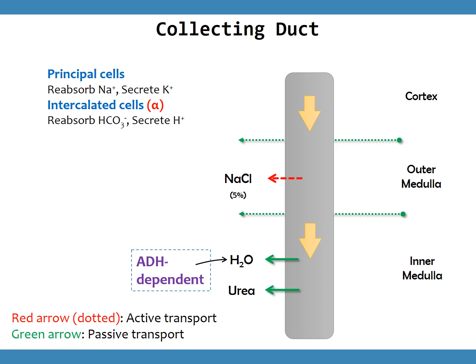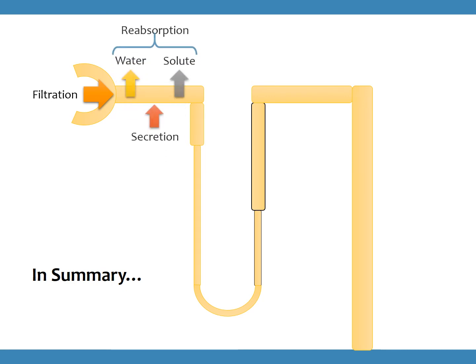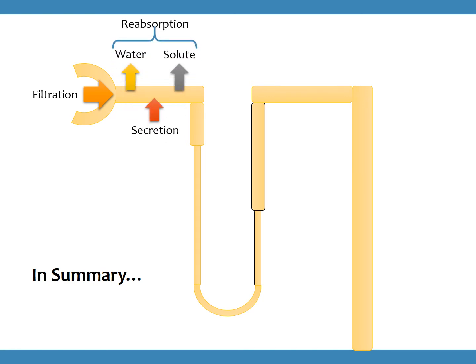Now a general summary of what we have covered in the previous few slides. Filtration occurs at the Bowman's capsule. In the proximal tubule, there is a lot of reabsorption and some secretion that takes place. Almost 65% of reabsorption of water and solutes will occur while the fluid is passing through the proximal tubule.